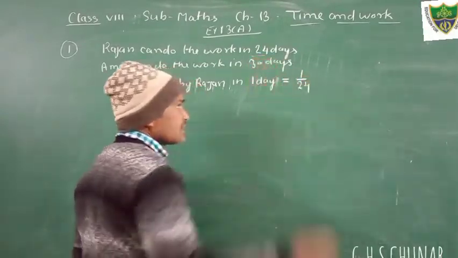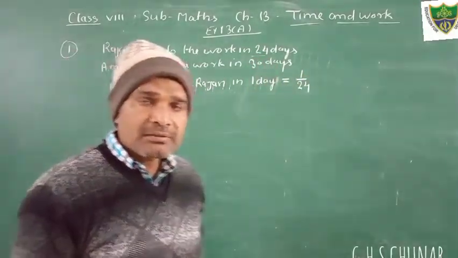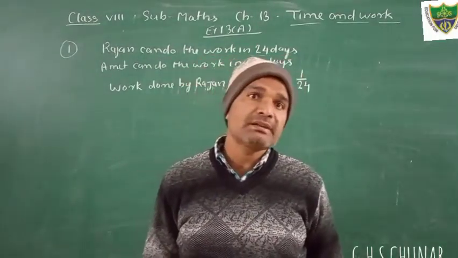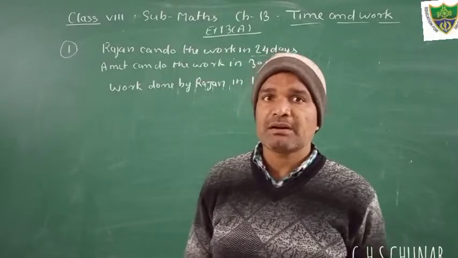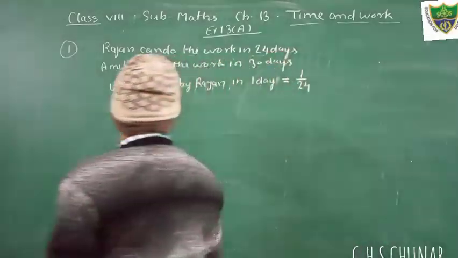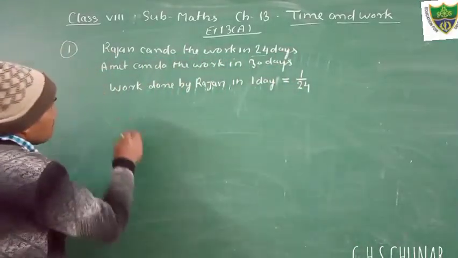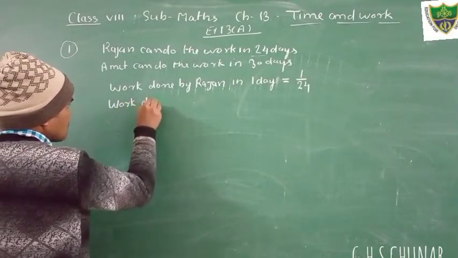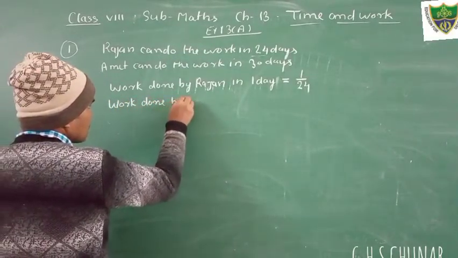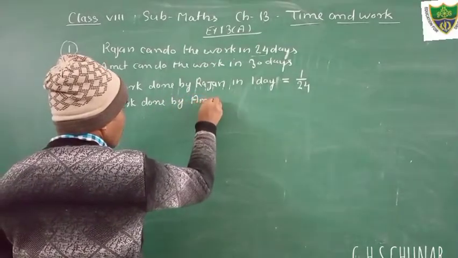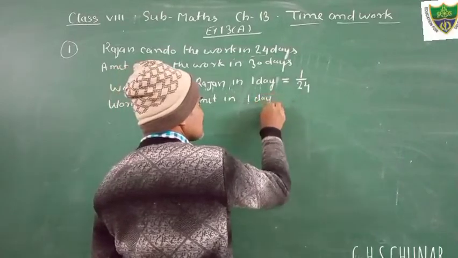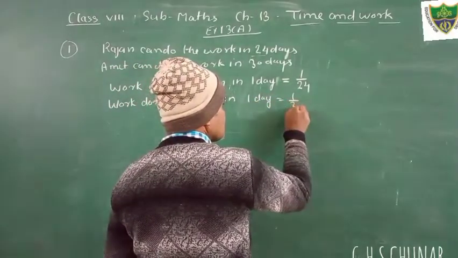A piece of work he can do, so that is 24 equal parts of the work. He will do one part in 1 day, that is the 1 upon 24th part of the total work. Again, work done by Amit in 1 day is 1 upon 30.